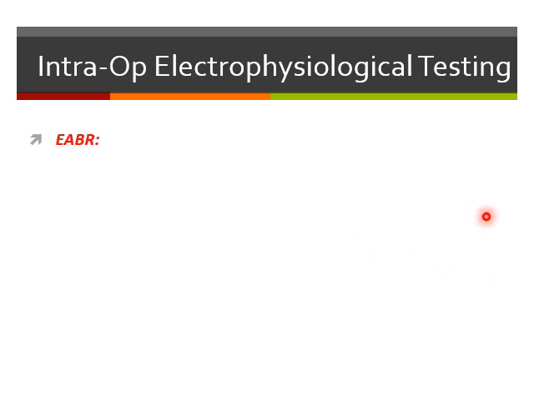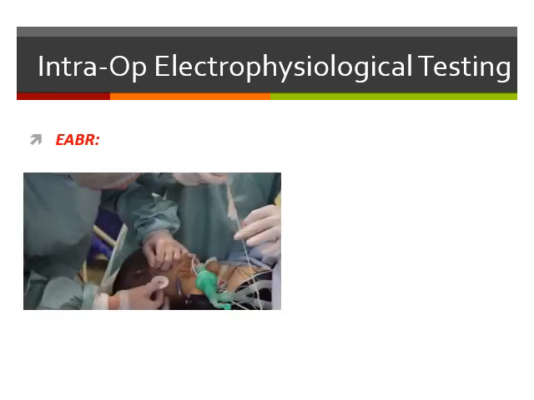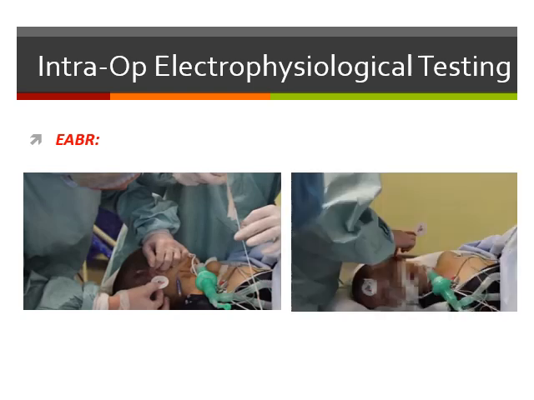Now let's talk about electric ABR. Electric ABR is exactly like the ABR, and the electrodes or the leads can be fixed on the chin, behind the mastoid, on the forehead, either at the beginning of the surgery or after insertion of the device.